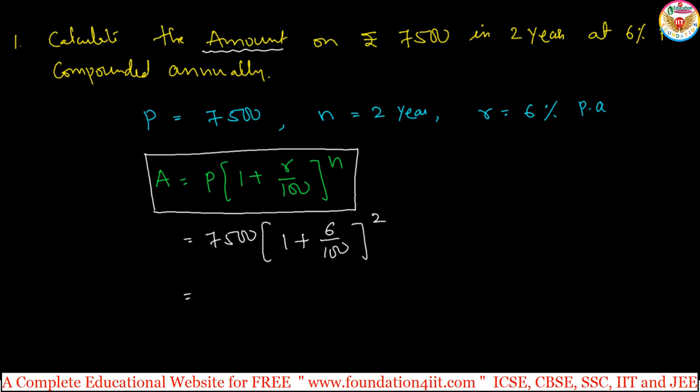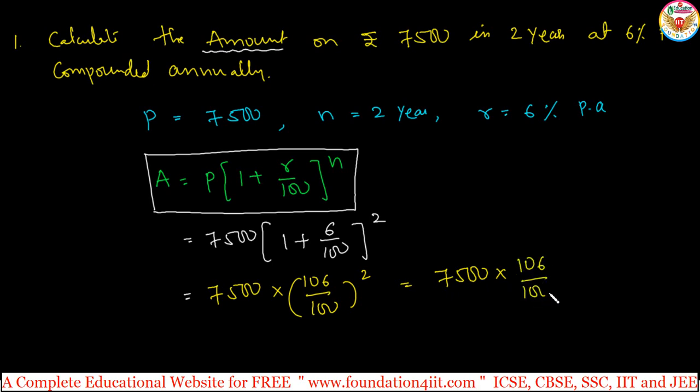Now within the bracket you have to do LCM first. Okay, 7,500 into 1 plus 6 by 100 is 106 by 100, for this whole square. That means 2 times. So we can calculate 7,500 into 106 by 100 into 106 by 100, because of power 2, 2 times.